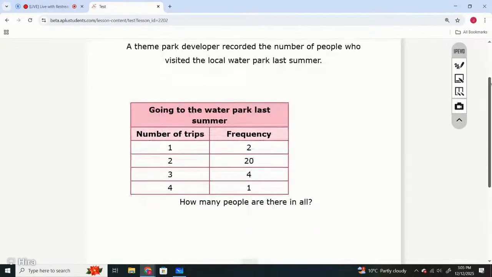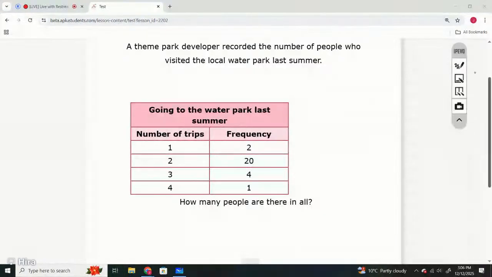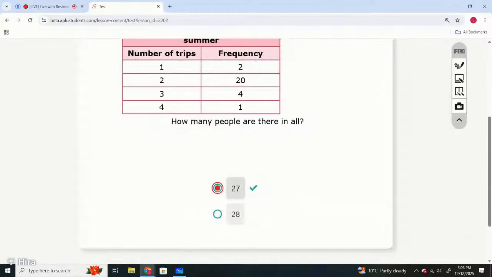So you need to calculate the total people. So we need to add all the values in the column frequency: 20, 22, 26, and 27... So there are 27 people in all. The correct option is option number 1.